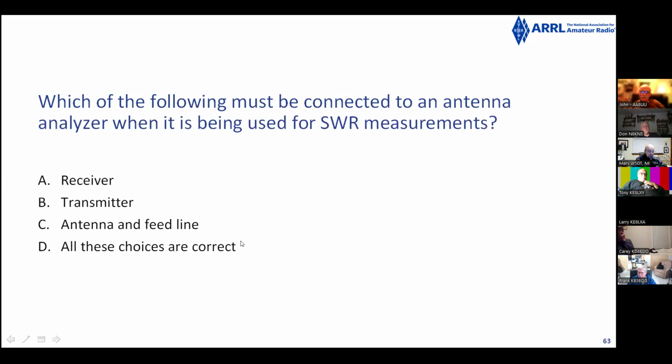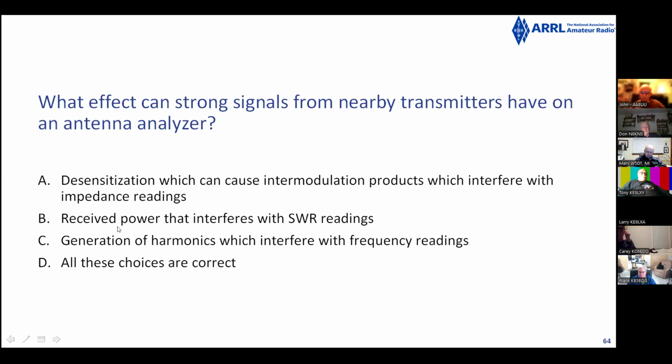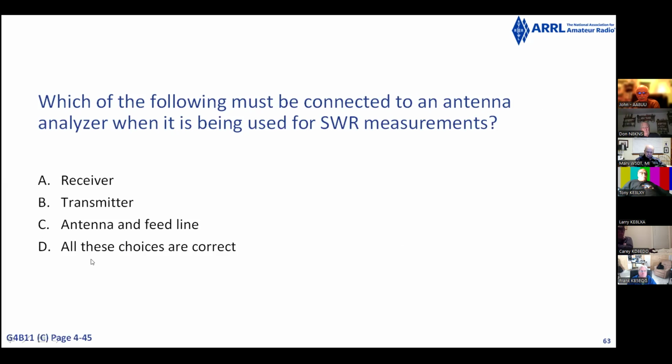A it is. Which of the following must be connected to an antenna analyzer when it is being used for SWR measurements? Antenna analyzer, receiver, transmitter, antenna and feed line. Whoa! Me and my clicking. So what should be connected?